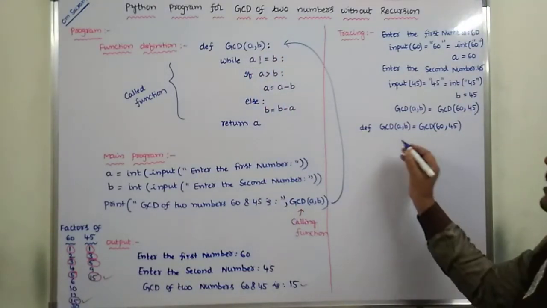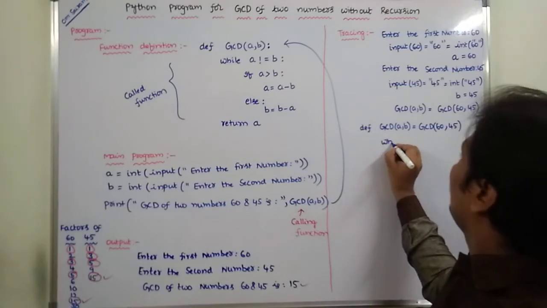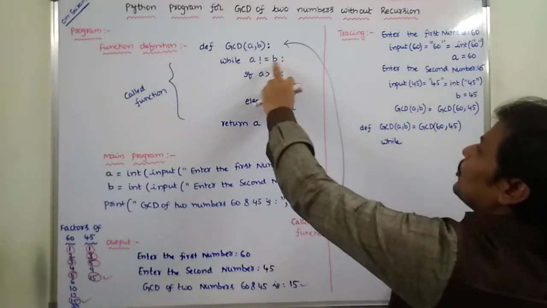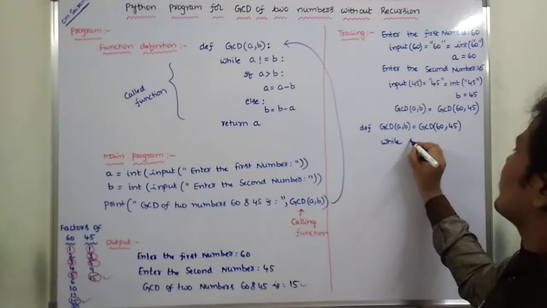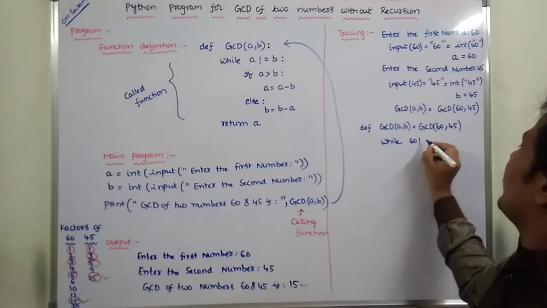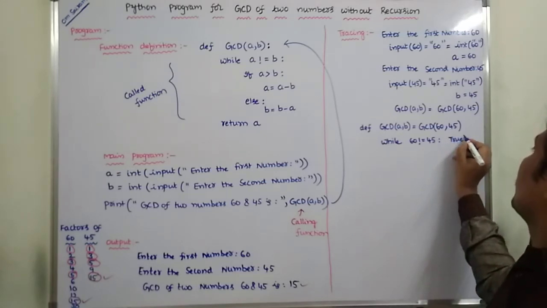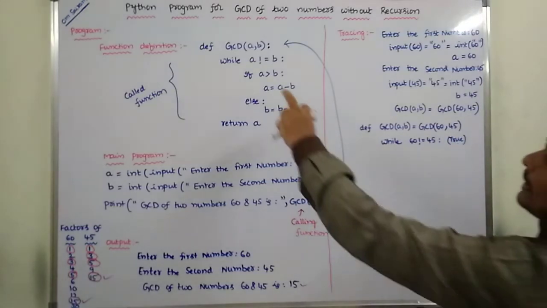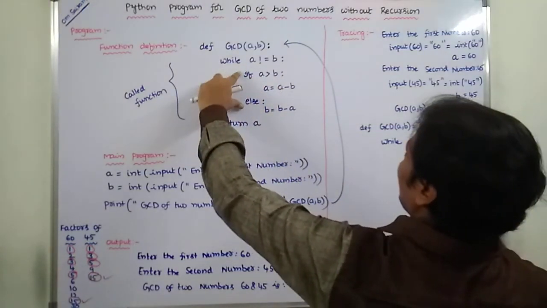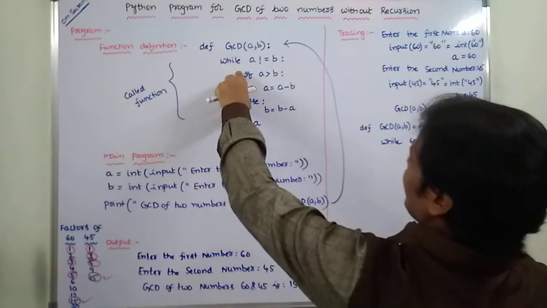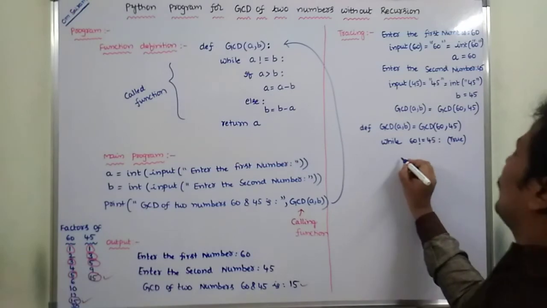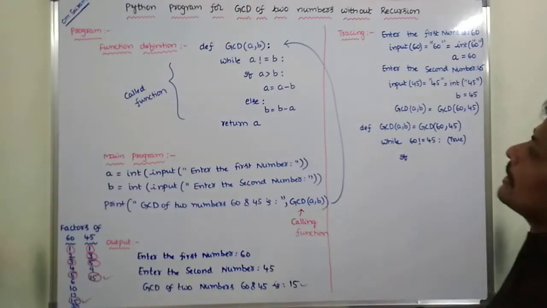Okay, next. While a not equal to b: a value is 60, b value is 45. 60 not equal to 45, that is true. If the condition is true, go to the statements within the while loop.